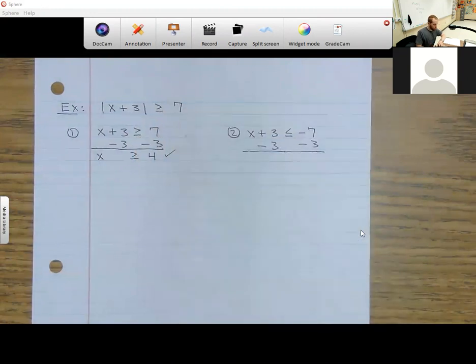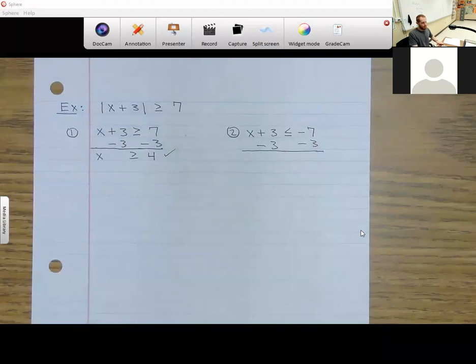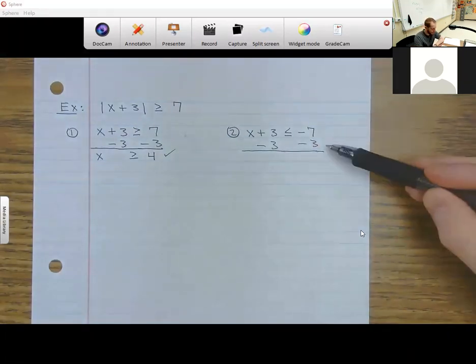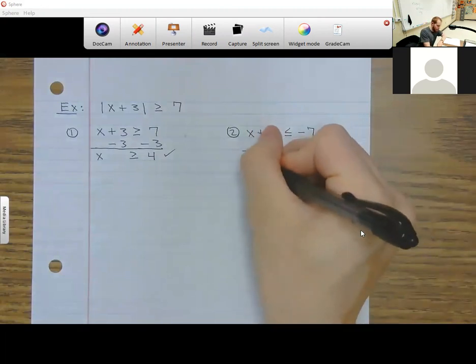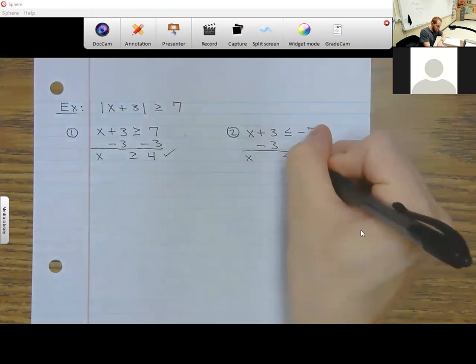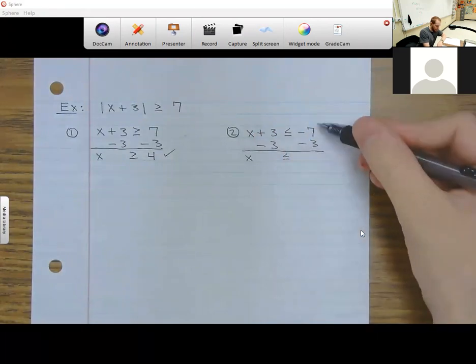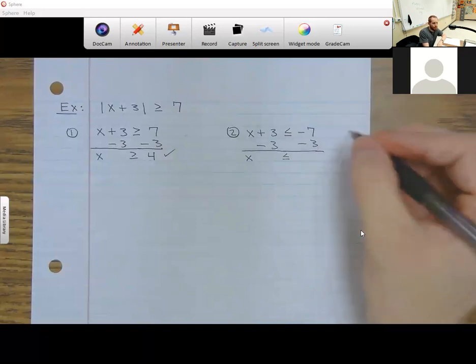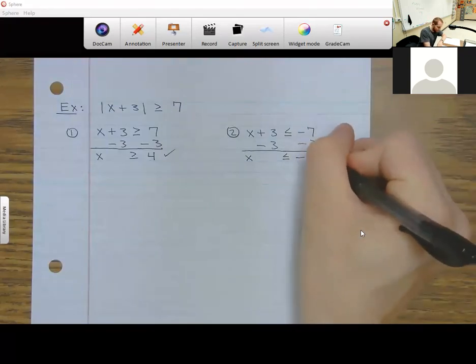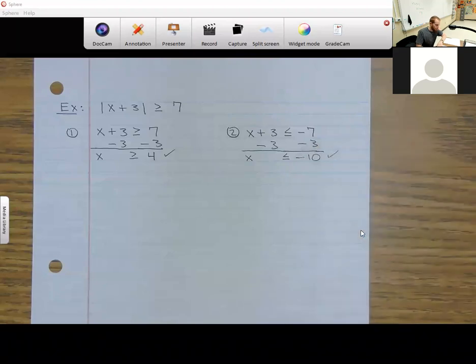So that's my first solution. X is greater than or equal to 4. And then over here, what happens? The x comes down. I have less than or equal to. And then what's -7 minus 3? Well, just like last time, that's going to be -10.